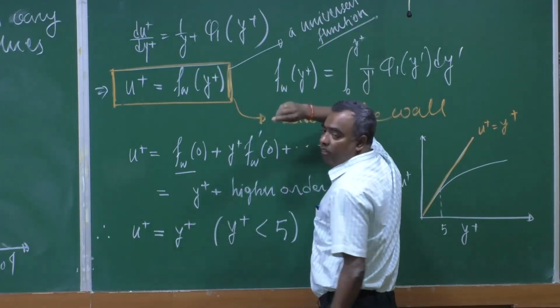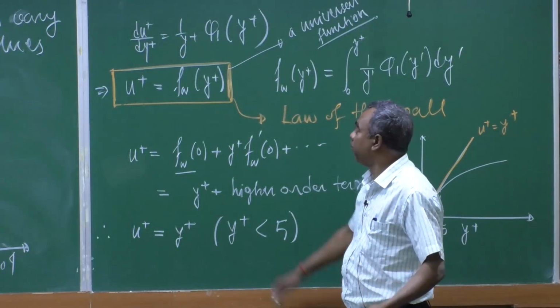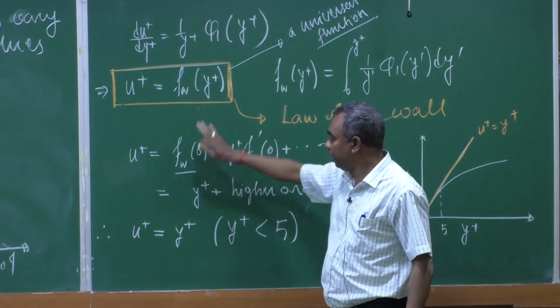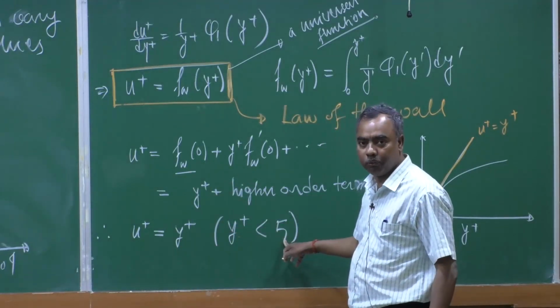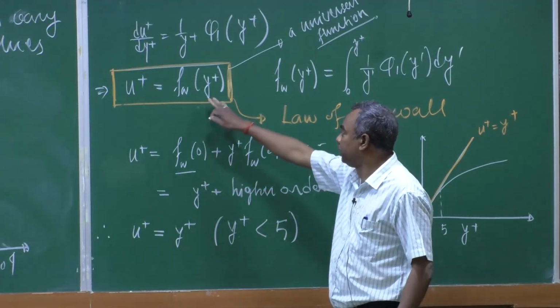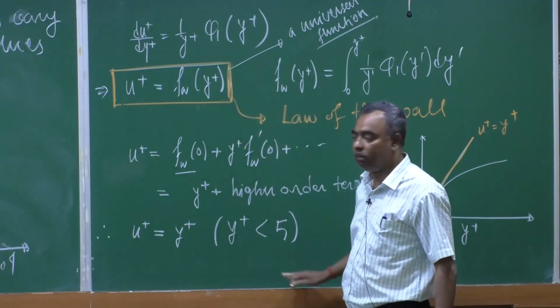For example, for pipe flow, for channel flow and for boundary layer flow, this holds good. And u plus equal to y plus, for y plus less than 5, also holds good for all these 3 flows. So, this is a sort of universal function for all these flows.